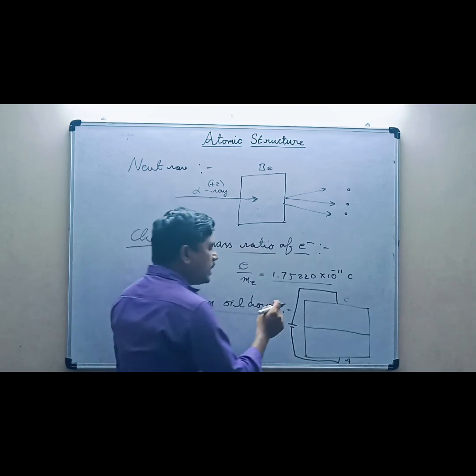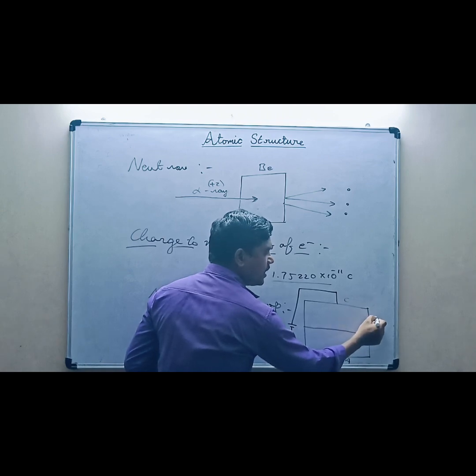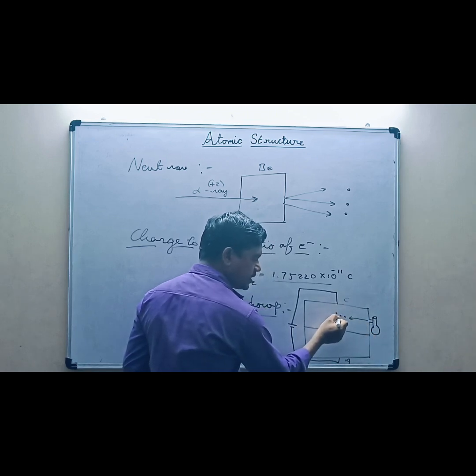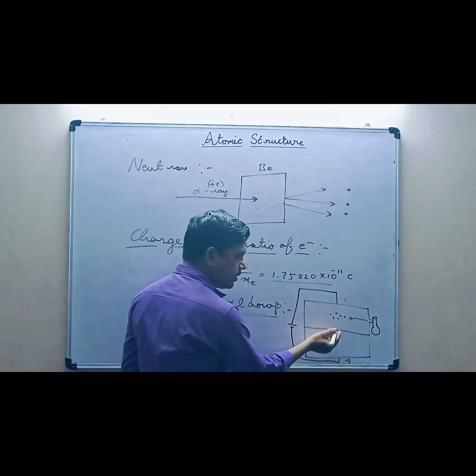Now he used a container here and sprayed some oil into the chamber, small droplets of oil, and kept a small hole between the two chambers in the middle, right?